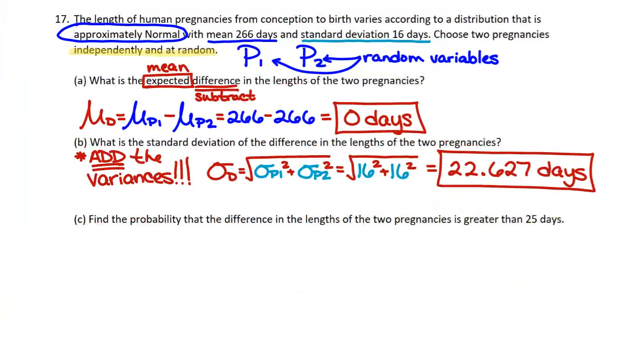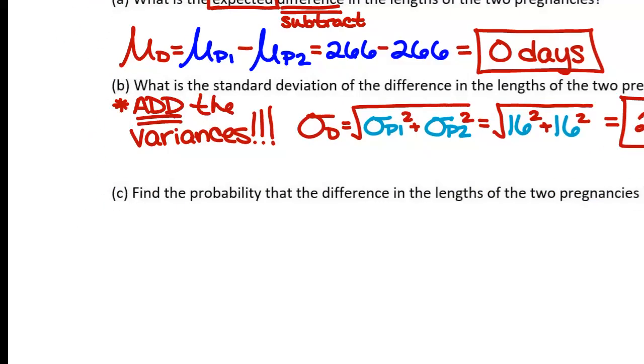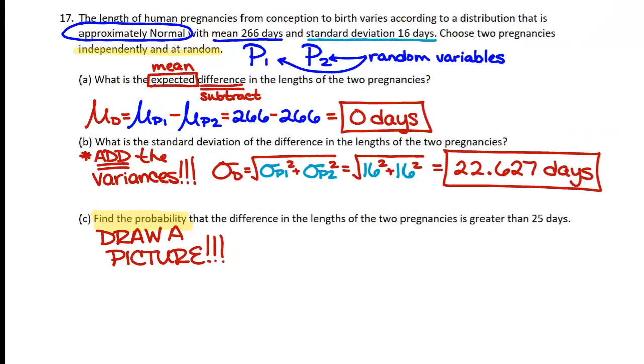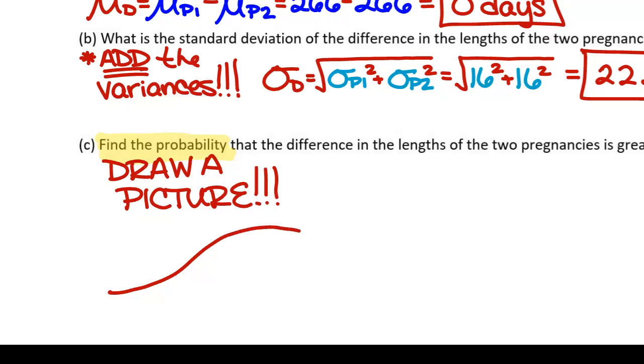Okay, so for parts A and B, they didn't ask me about any probabilities. They asked me about mean and standard deviation. But down in part C, it says find the probability. Draw a picture. All right, so there's my normal distribution.